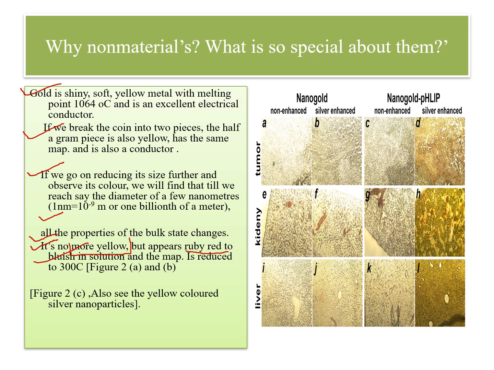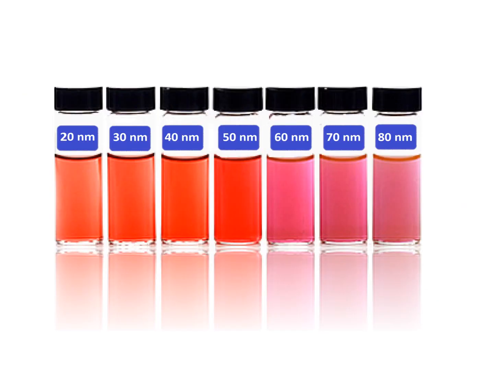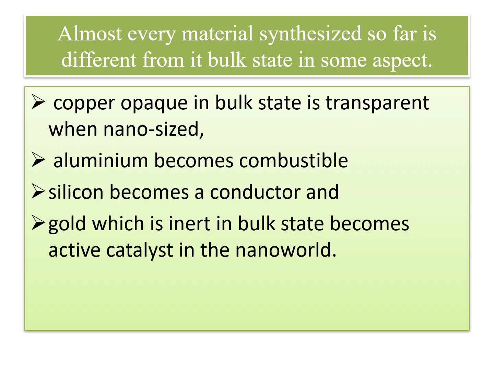This we can observe in the next picture, that when we are talking about the 80 nanometer gold particle, it seems to be pink in color, and when we are talking about the 20 nanometer gold particle, the color again changes to ruby red. So as we are moving from the bulk particle to the nanometer range, the properties of the nanomaterial change drastically.